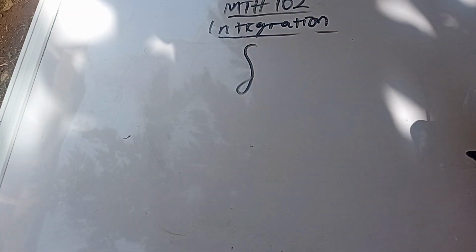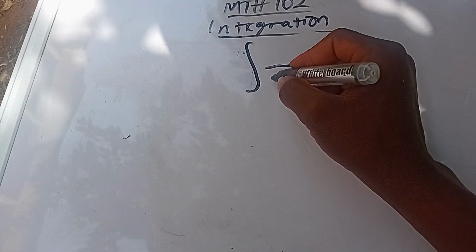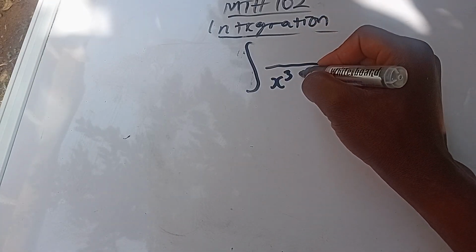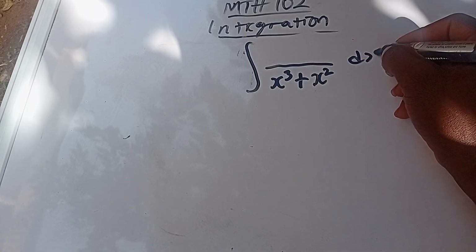Let's say here we have the integral of 6s squared plus 4x over s cube plus s squared dx.